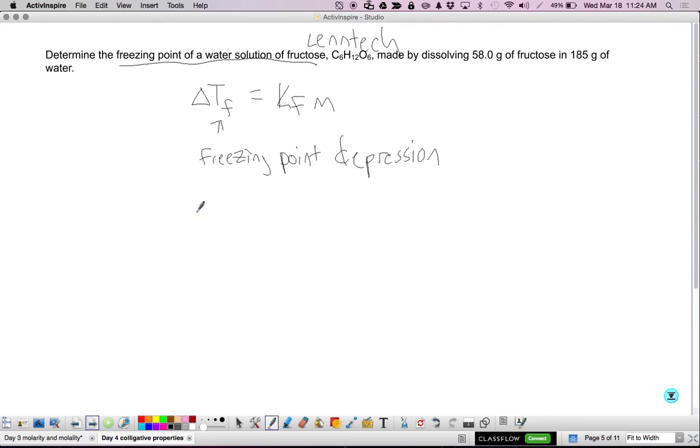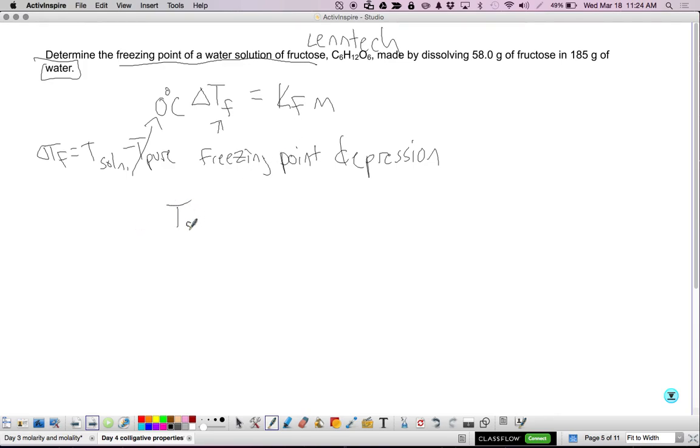And especially for freezing points of water, doing it at the beginning is actually a little easier. The reason is that delta TF is T solution minus T pure, and I know that pure water, my solvent, has a freezing point of 0 degrees Celsius. So delta TF equals T solution.